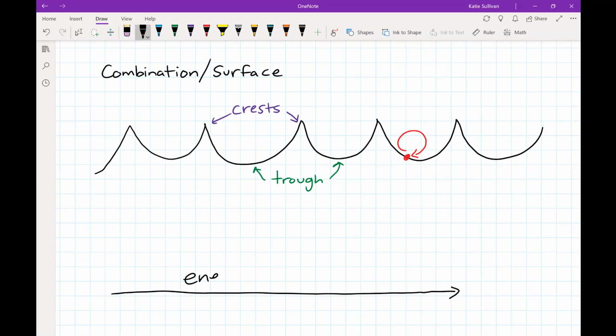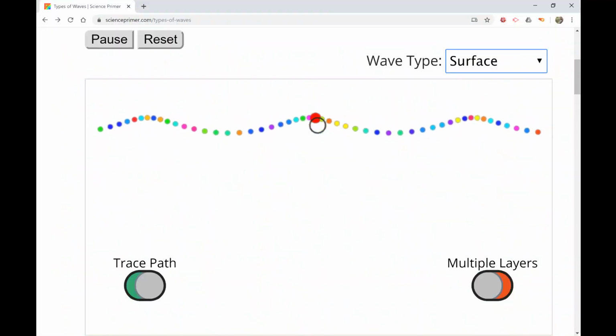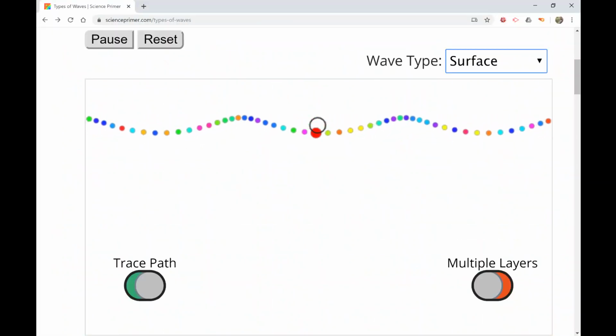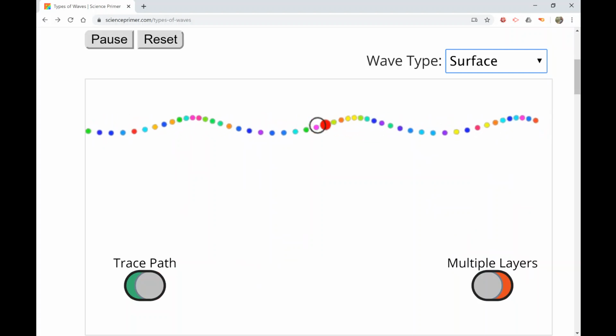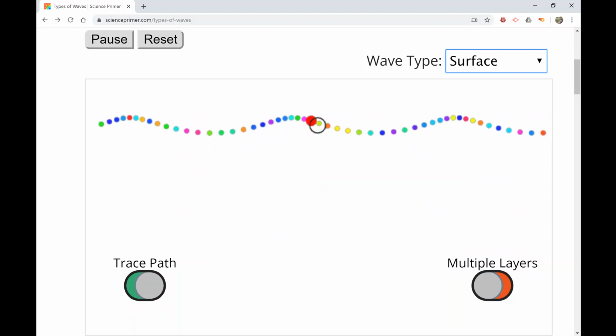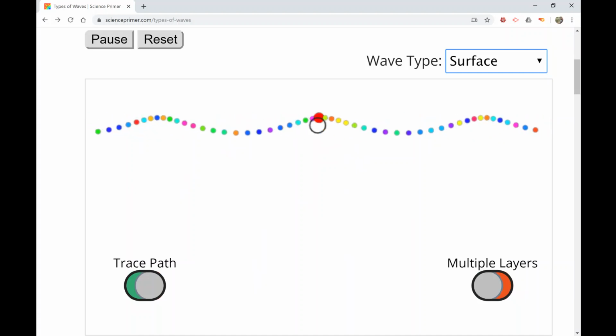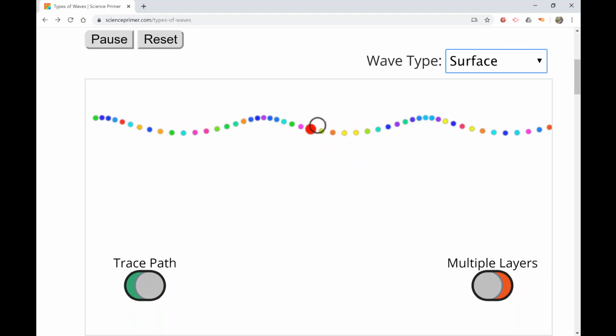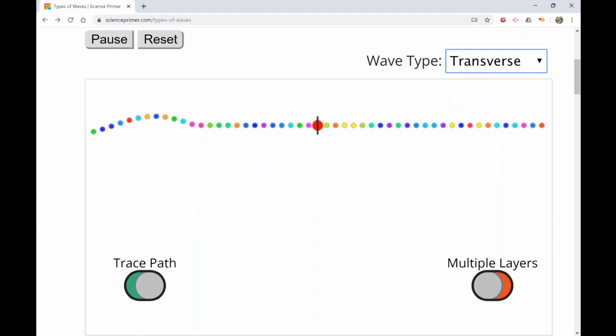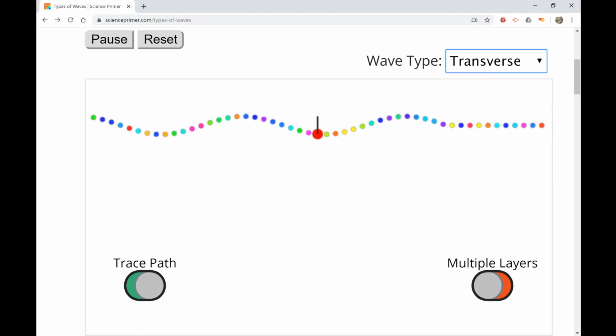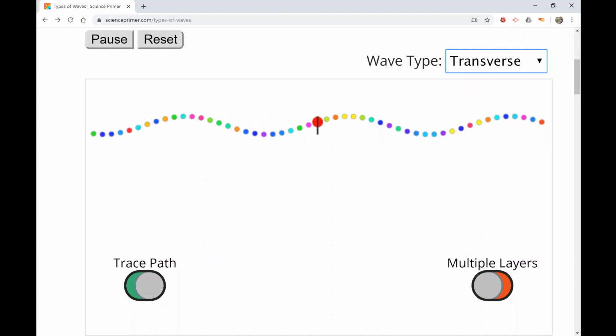But the energy transfer is happening in that same direction as the other examples. So if I go back to the illustration and I track one of my crests across the screen, it's still moving across, but my particles are moving side to side. And those are the three different types of waves. Just to review, we have transverse waves that move perpendicular to the energy.